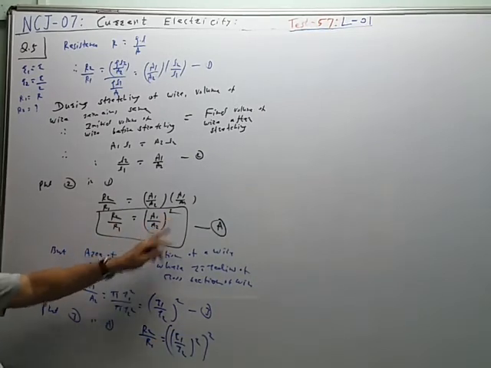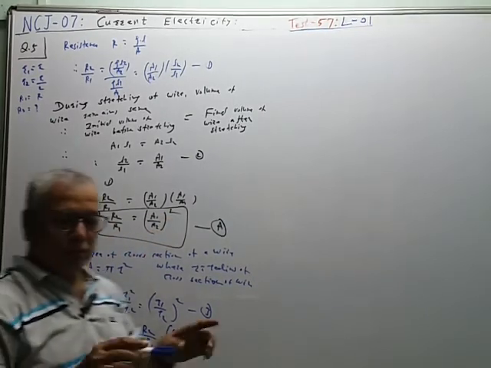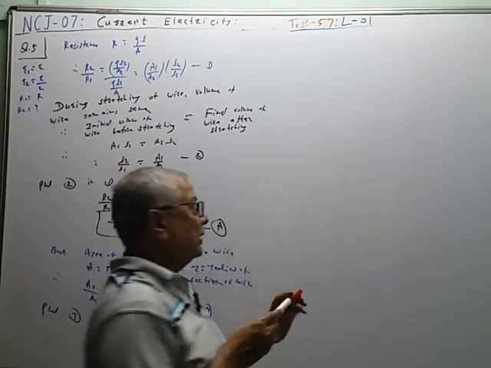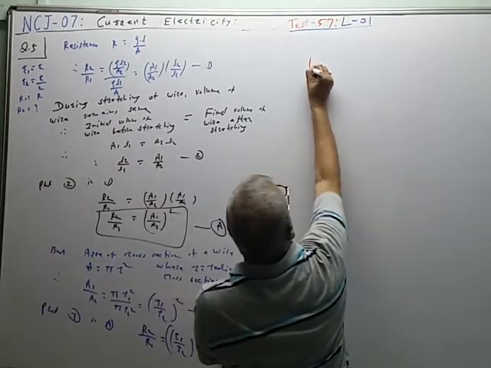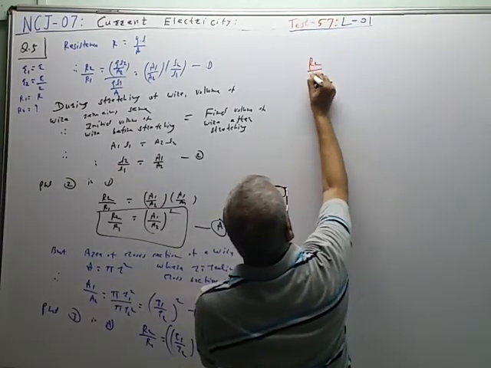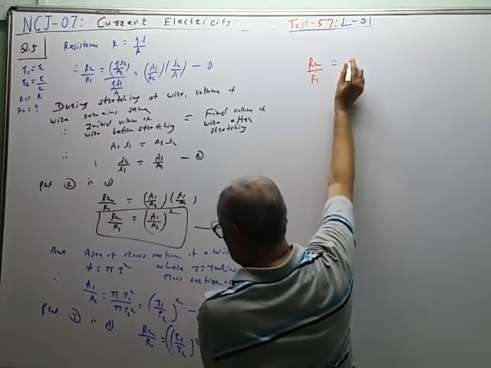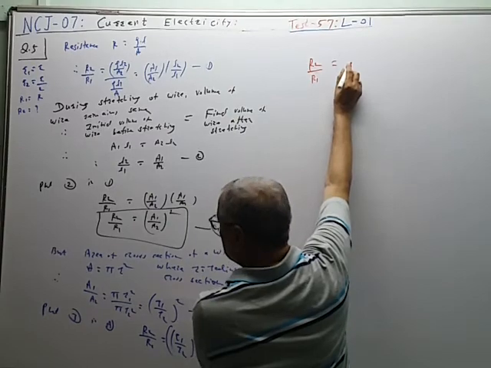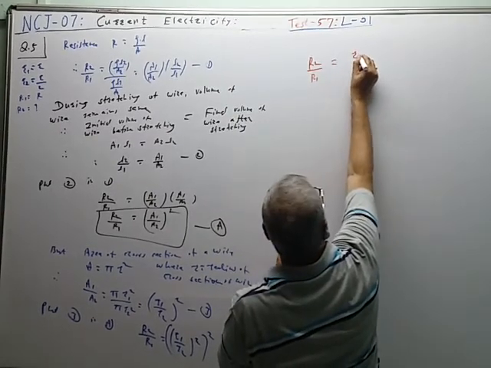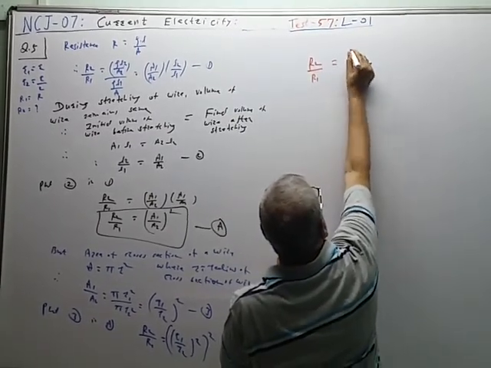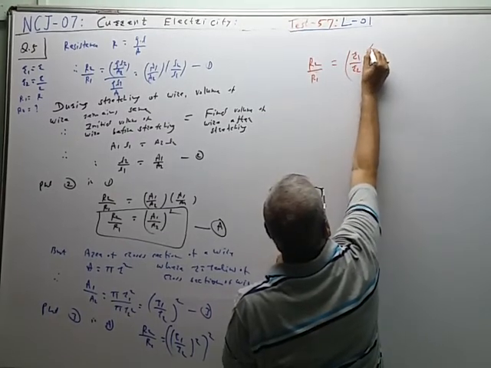It is A1 upon A2 whole bracket square. Therefore, the final relation is R2 upon R1 is equal to small r1 upon small r2 whole bracket raised to 4.